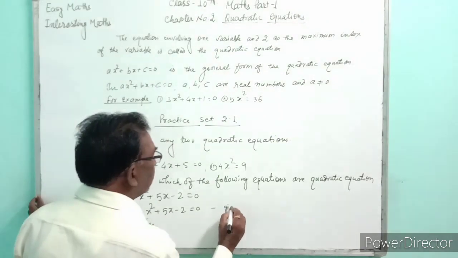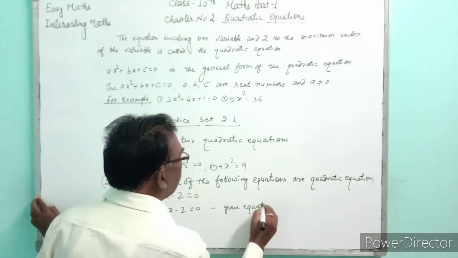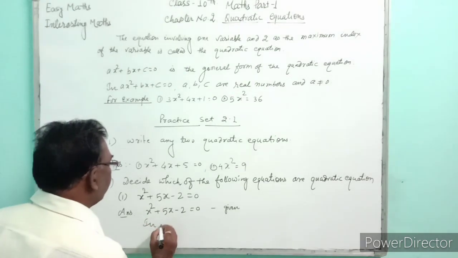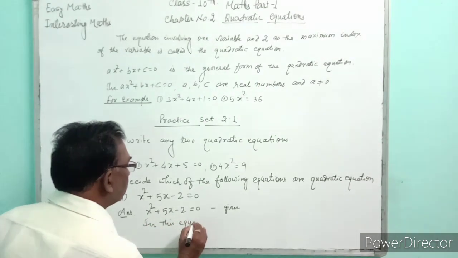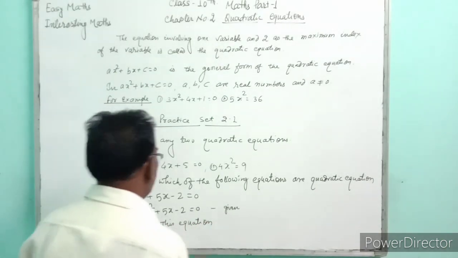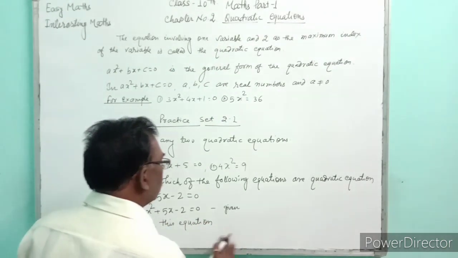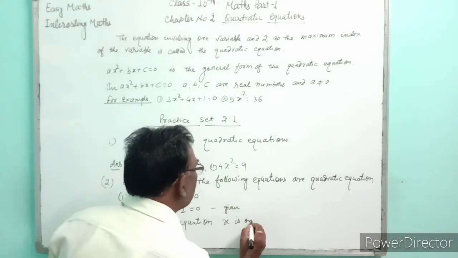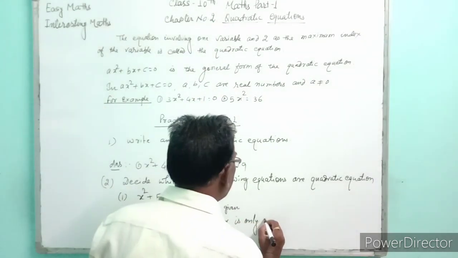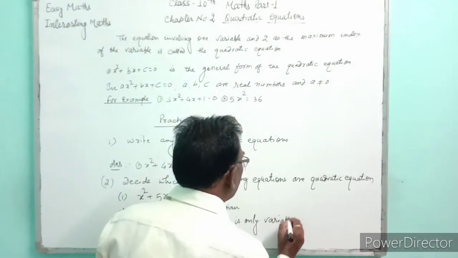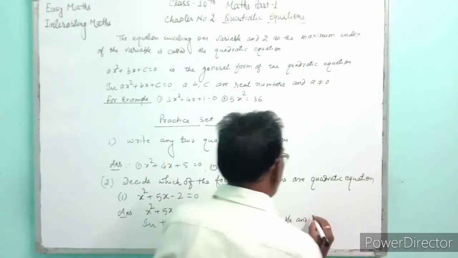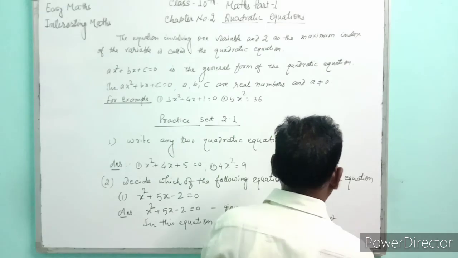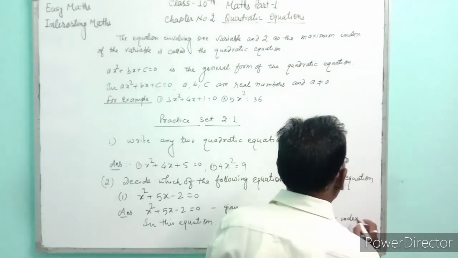We write here, in this equation, x is the only variable, and the highest power or maximum index is 2.